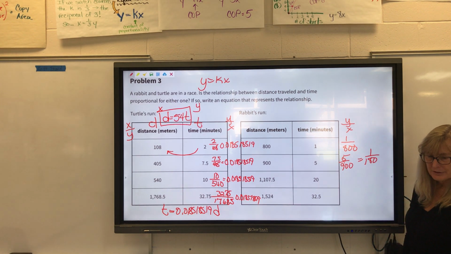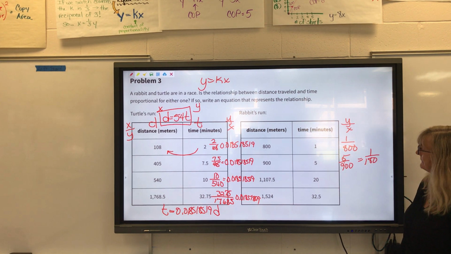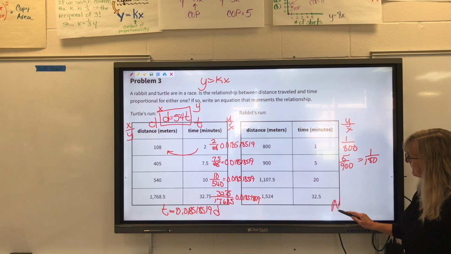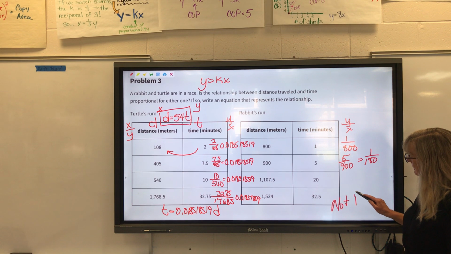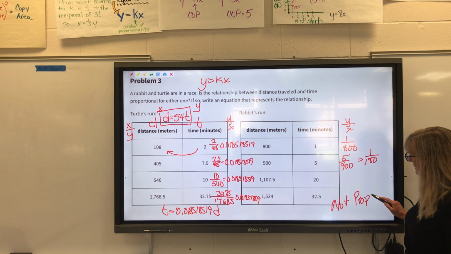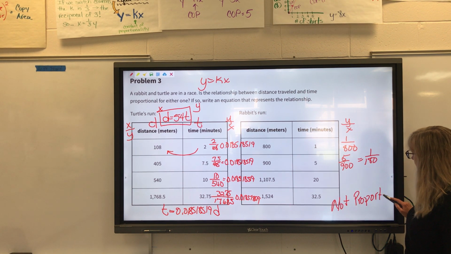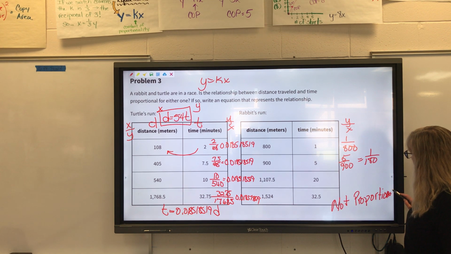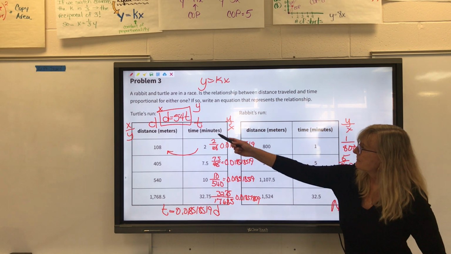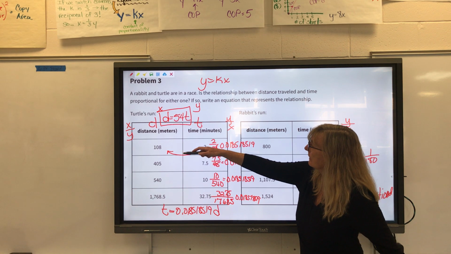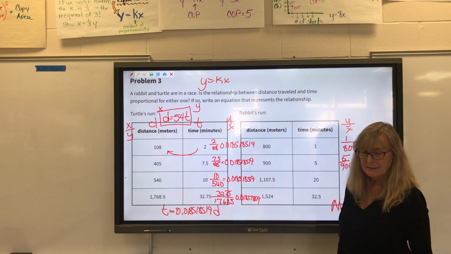Is it proportional? Nope. Okay, so the rabbit is not proportional, but the turtle is, and that means he runs at a constant speed. He's running at 54 meters per minute.